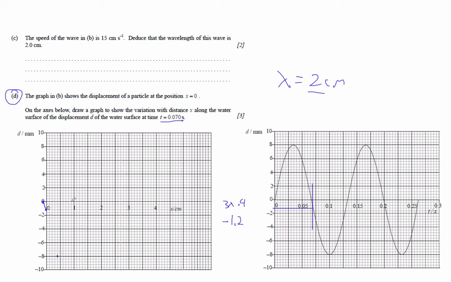Then we hit 0 a square before this, because we started a square earlier. Then we go through 8 here, a square before this, and then through the origin again, a square before that. We're basically just shifted back a square, and it's a negative sine, because we start here and go down.